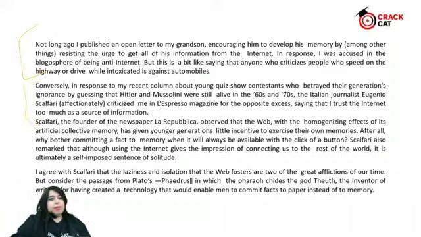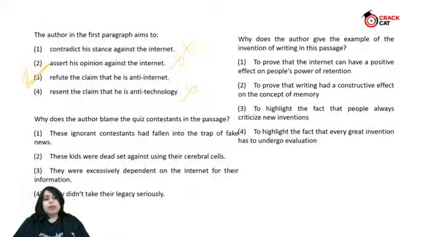Yes, in the second paragraph, it says in response to my recent column about young show contestants who betrayed their generation's ignorance by guessing that Hitler and Mussolini were still alive in the 60s and 70s, the Italian journalist Eugenio Scalfari criticized me in Espresso magazine for the opposite excess, saying that I trust the internet too much as a source of information. Now, these ignorant contestants had fallen into the trap of fake news.